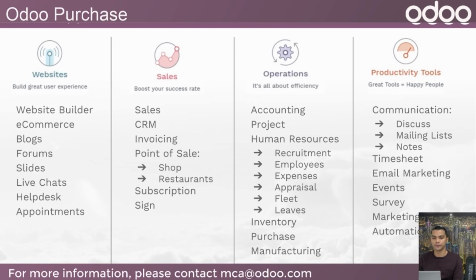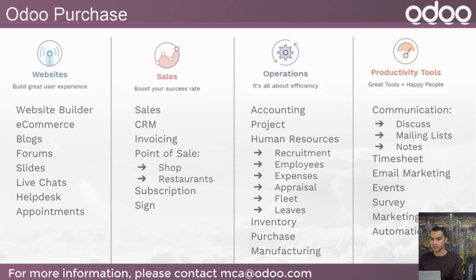Regarding the apps on our platform, we offer the full suite of business services. For example, we provide a good set of tools for websites, e-commerce and blogs. From the sales perspective, we help enhance your relationships with customers, with the sales module, the CRM and invoicing.